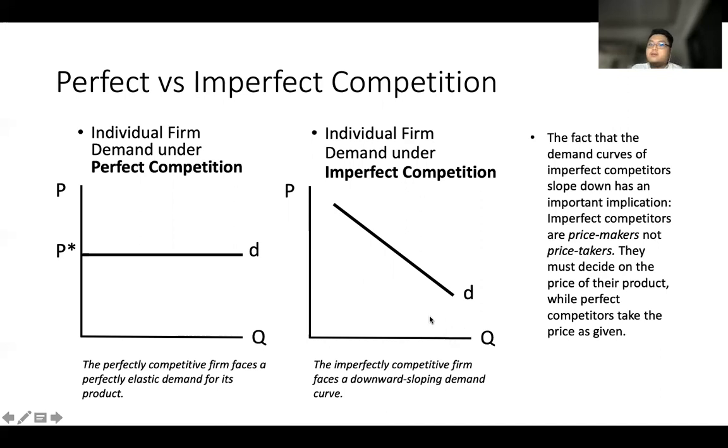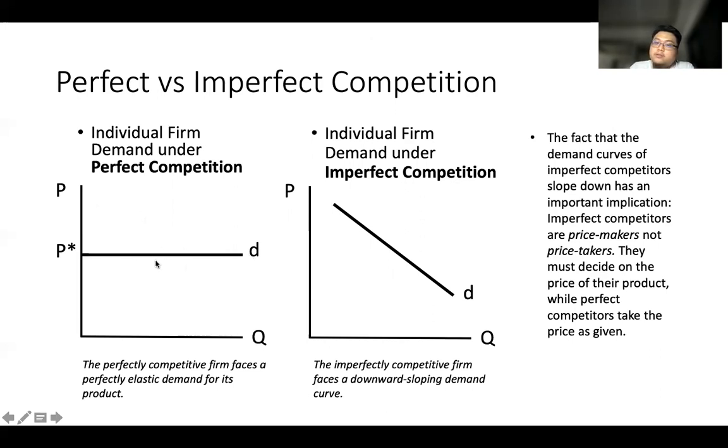So the fact that the demand curve of imperfect competitors slopes down has an important implication. Imperfect competitors are price makers, not price takers. They must decide on the price of their product while perfect competitors take the price as given. So this is an individual firm. That's the prevailing market price.